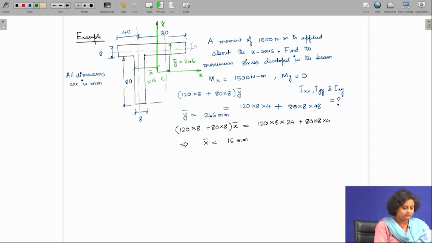So, once we have found out x bar and y bar, then our next job is to find out the sectional properties, which is Ixx, Iyy and Ixy. So, let us start with Ixx. So, for Ixx, let us start with the top portion.